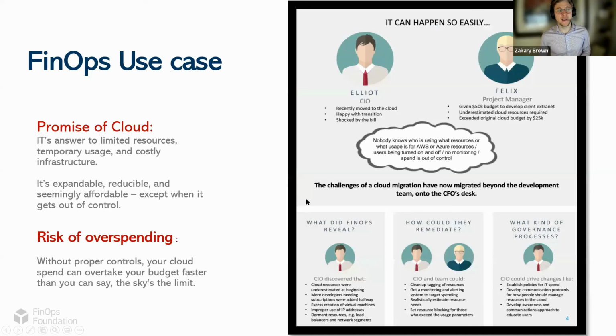I also want to quickly align that FinOps demonstration to some of our key personas. So in this case, we'll be taking a look at Elliott, CIO. They moved to the cloud. The bill is too high and they're shocked. They want to understand a little bit more about what is going on with their tagging, and then estimating, but also eliminating unused resources.